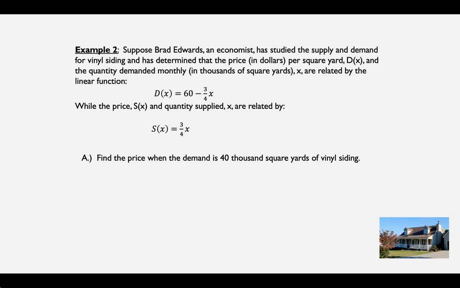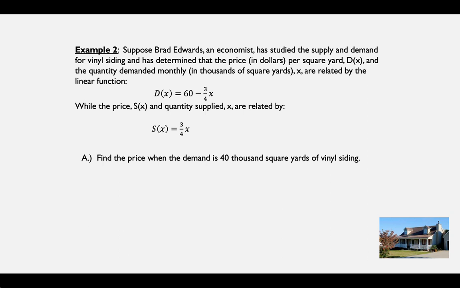While the price S of X and the quantity supplied X are related by, okay, so S of X is the price of X items supplied, and that's equal to 3/4 X, where X is the quantity supplied.